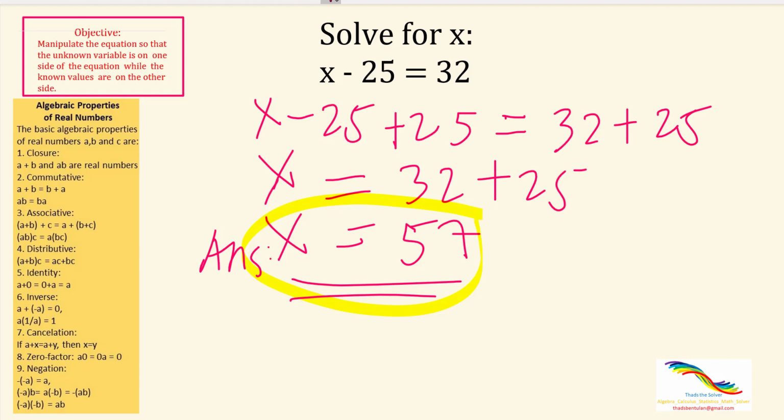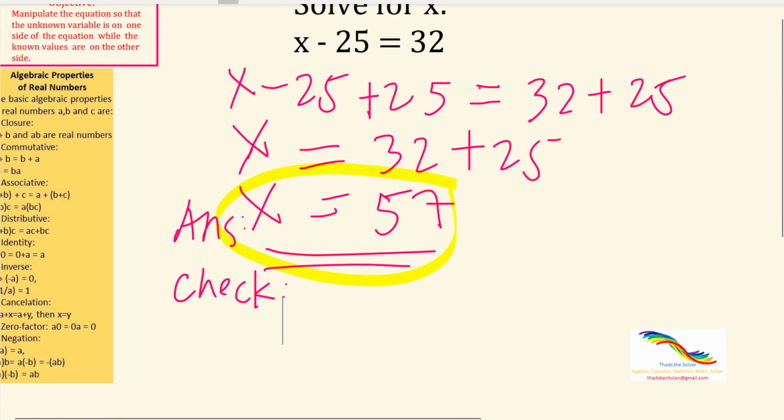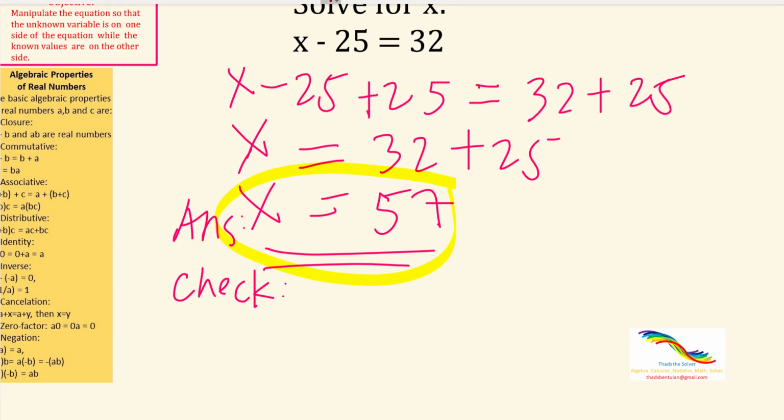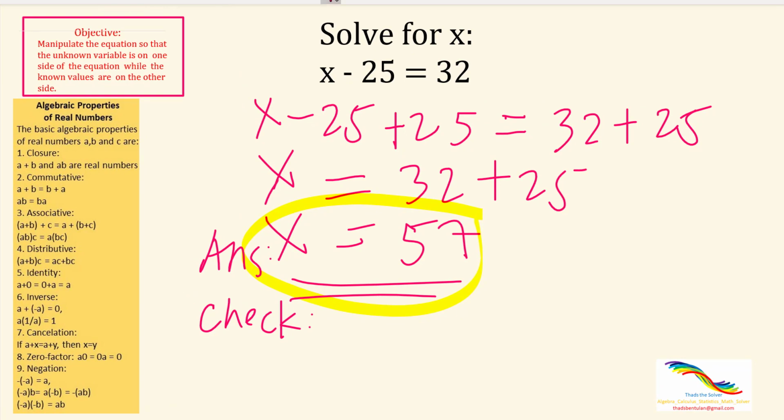And we need to check our answer. So let's check. How do we check? By substituting the value of x which you have arrived at, which is 57, back into the original equation. So the original equation is x minus 25 equals 32.